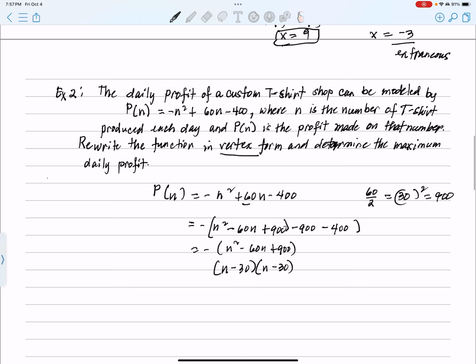So somewhere here, 900 minus 400, and you have a negative sign preceding, so it will be, let's do this.